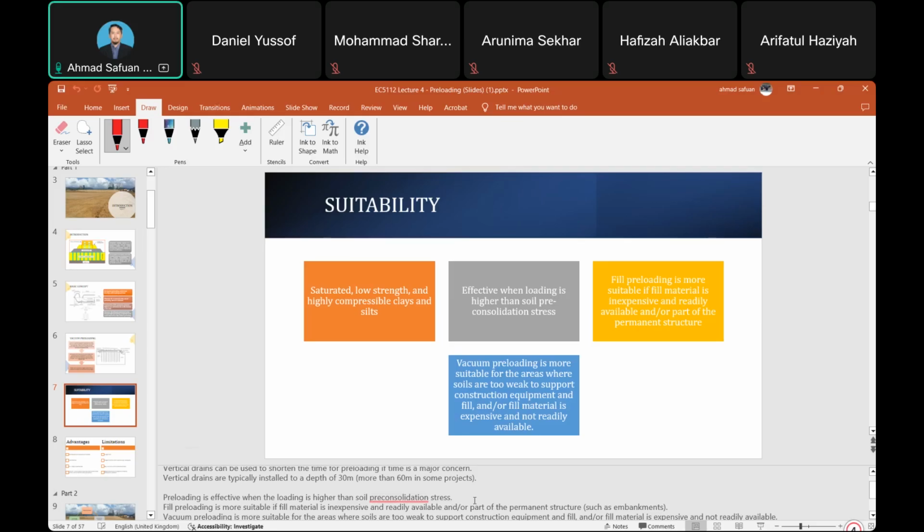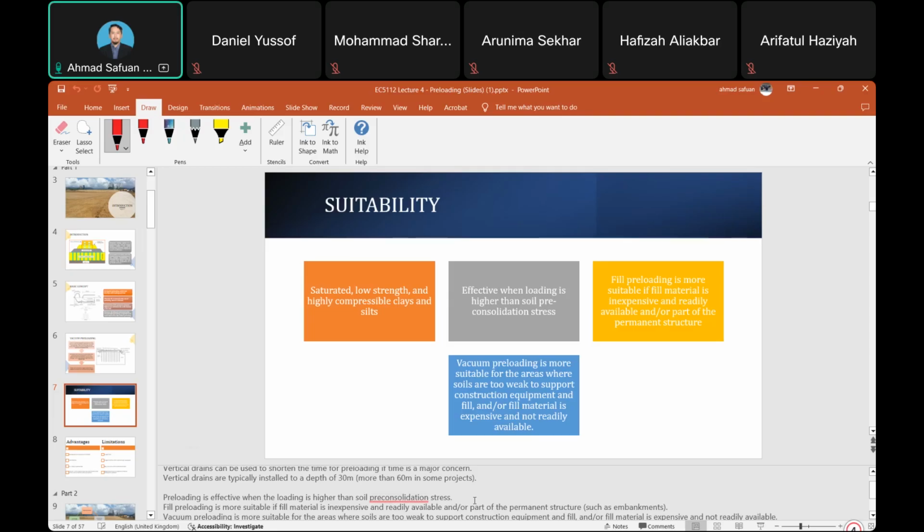So this PC is used to determine what we call the over consolidation ratio of the soil.